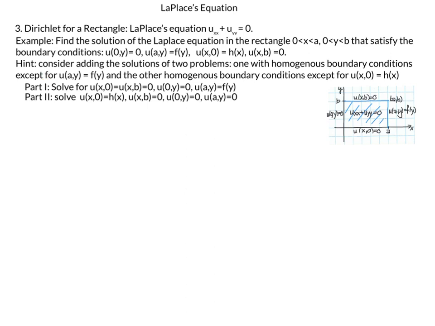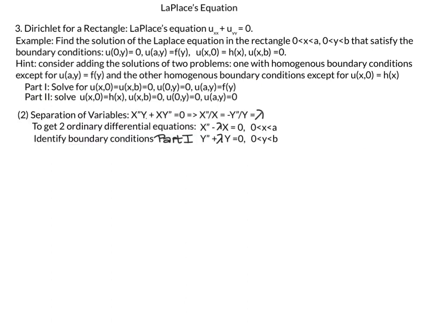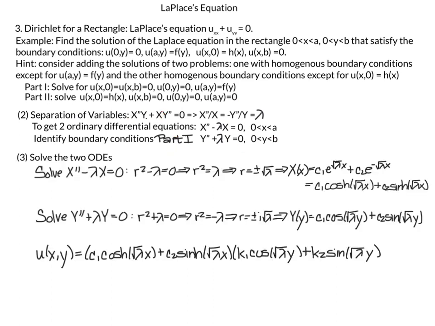Now we can do the exact same thing we did for the other problem in part 1 and do the exact same thing in part 2. Looking at part 1, again we have our separation of variables. In this example, I felt it was easiest to solve the differential equation for x first, which we had done.